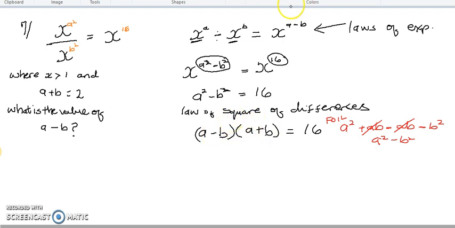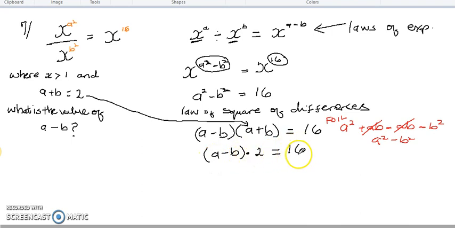I'll go back to my black. Okay. Now, take note, we have been given the value of a plus b. So this gives us a minus b times 2 is equal to 16.